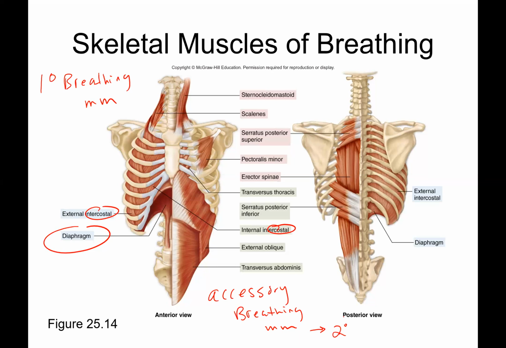Now, some of those main ones are going to be the sternocleidomastoid, the SCM, your scalenes, and pectoralis minor. These are the main ones, and I'll explain what I mean by the main ones. Pectoralis minor.